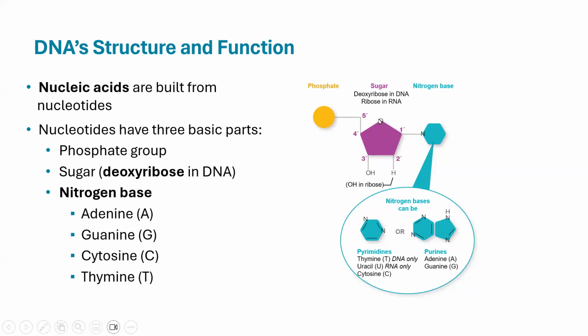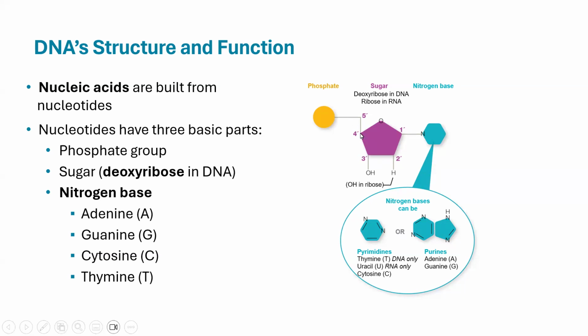What's important here also is that we have numbering of our carbons in our sugar. And so if we go from our oxygen, go clockwise, our 1' is where our nitrogenous base is added. The 2' is going to determine whether it's deoxyribose or ribose. The 3' is going to always have an OH, regardless if it's deoxyribose or ribose.